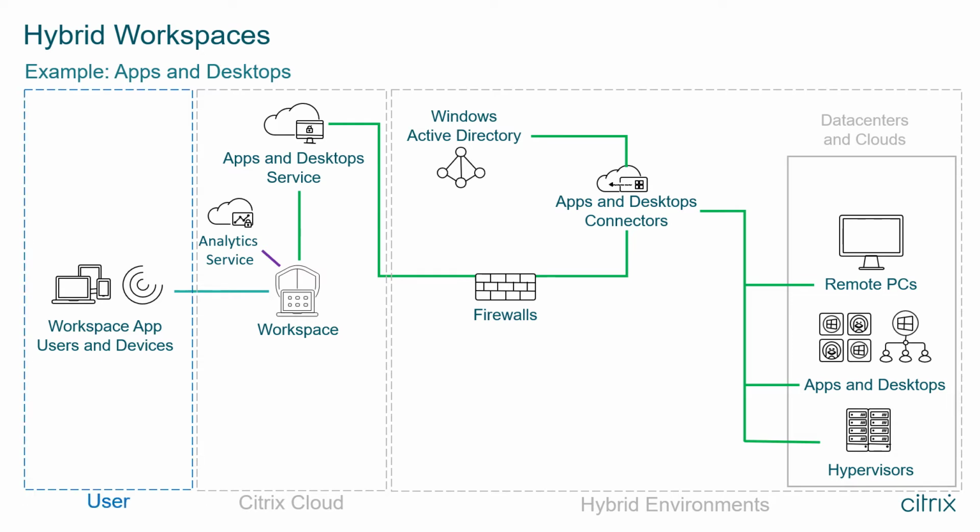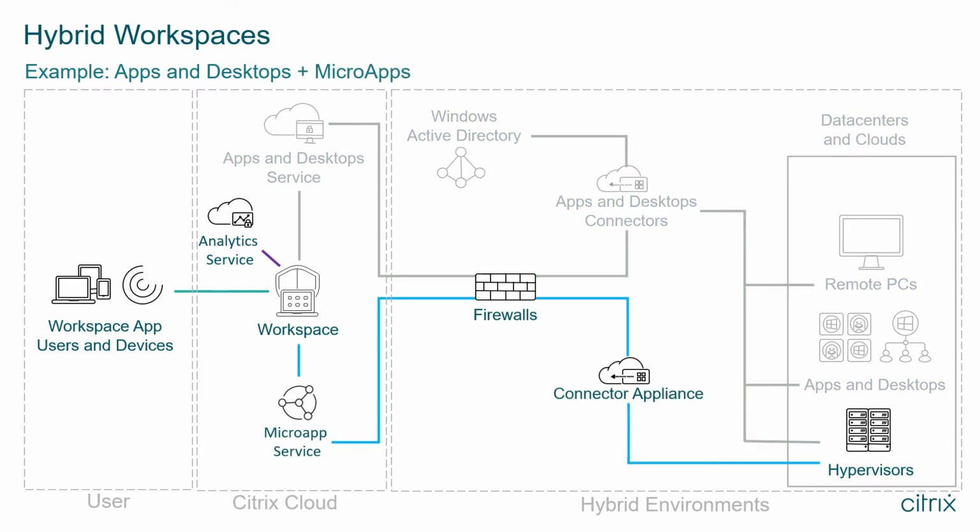We have users with their endpoint devices with either Workspace app installed natively, or maybe they're using a web browser, accessing Citrix Cloud with additional benefits of Citrix Analytics services, and in essence, pretty much the environment that will allow them to gain access to resource locations that are either in multiple clouds, multiple data centers servicing apps, desktops, Windows, Linux, right? Or even physical PCs via Citrix Remote PC console.